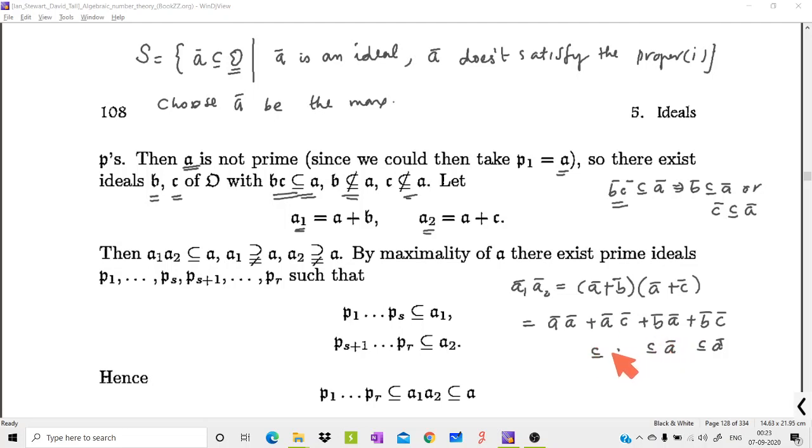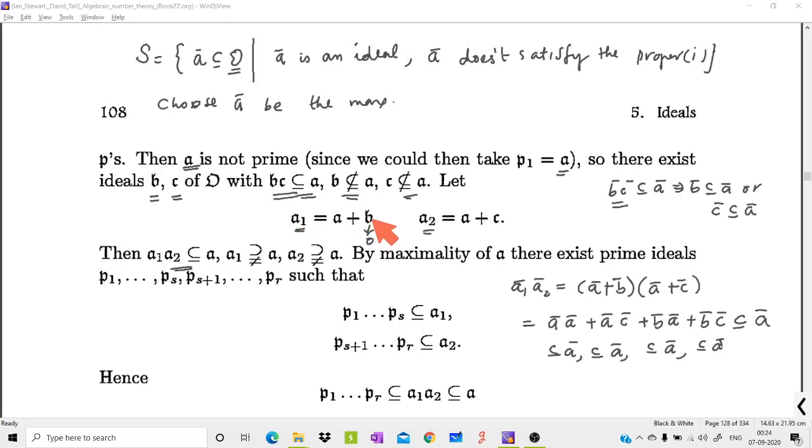So this is also a subset of A, and this is also a subset of A. So all these four terms are subsets of A. Consequently, the ideal product A1 A2 is contained in A itself. That is what you have written here: A1 A2 is contained in A. But we know that A1 contains A because B contains 0, so every element of A is an element of A1.